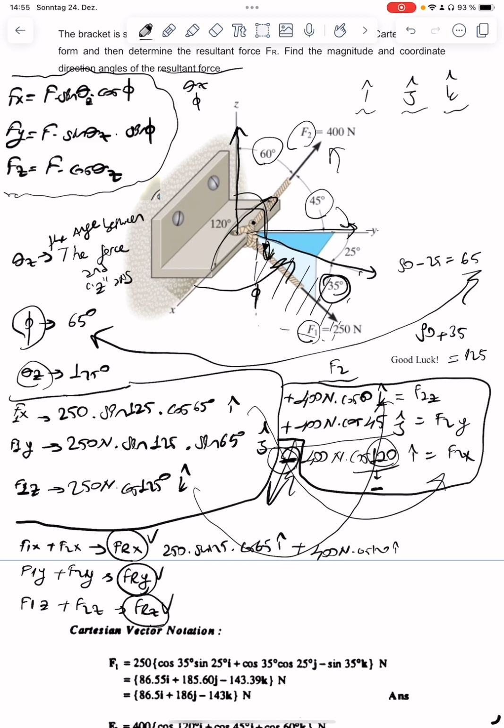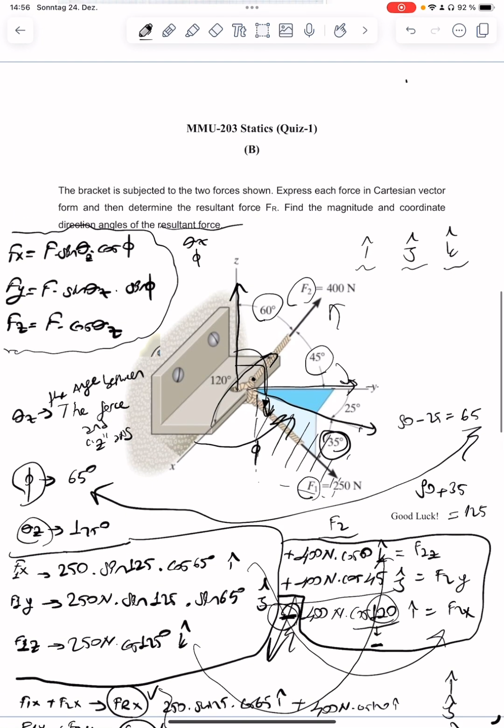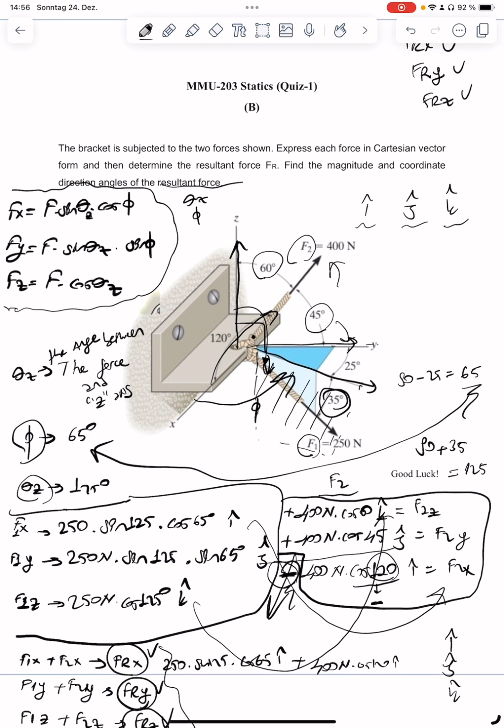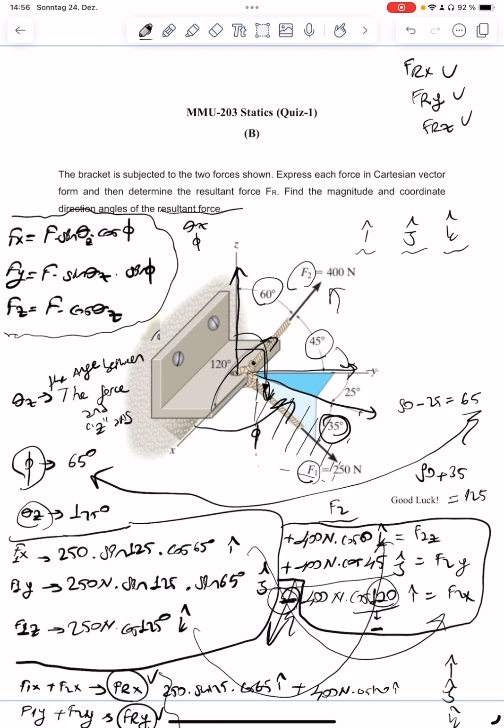We know these from calculating these equations, and we must sum up the i hats, j hats, and k hats. Okay, we know the numbers of them, their magnitudes.